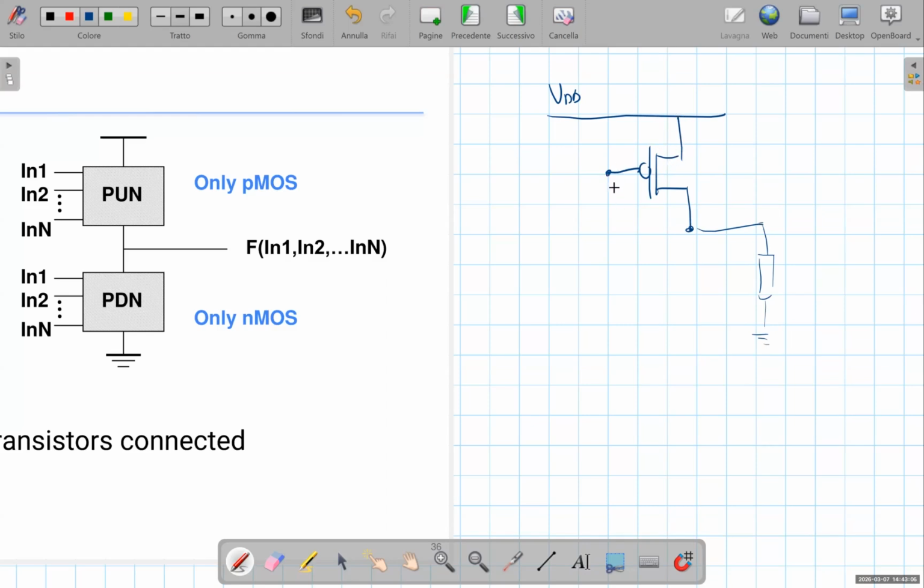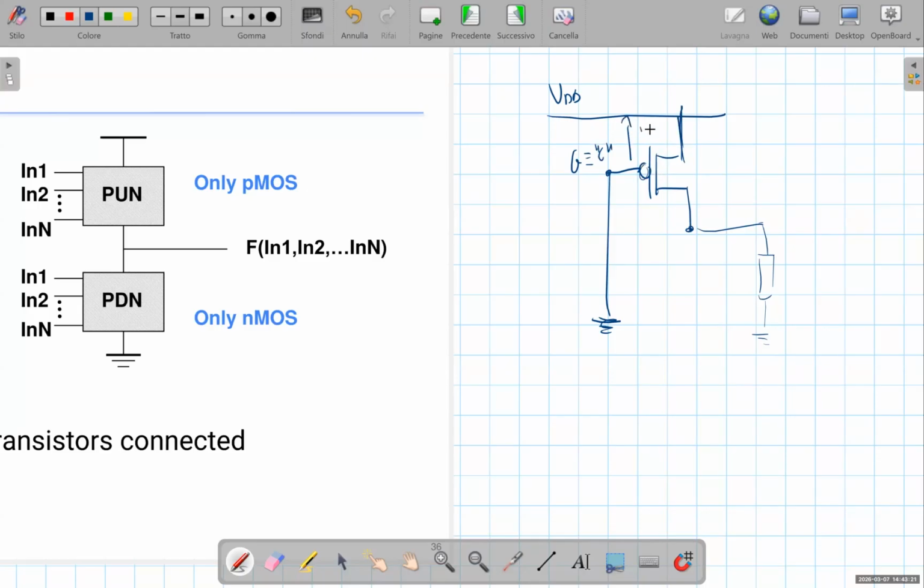When I turn on the pull-up device by forcing a gate voltage low, the pull-up device is clearly in the on region.